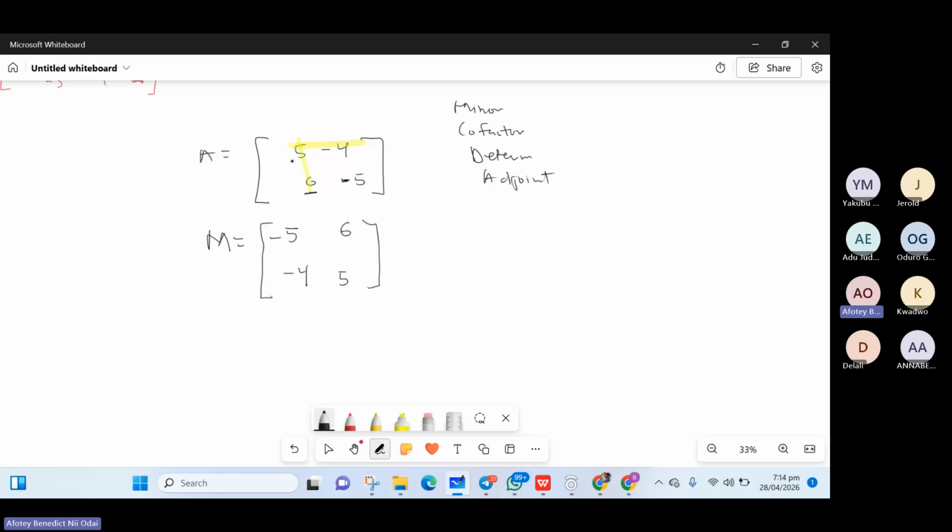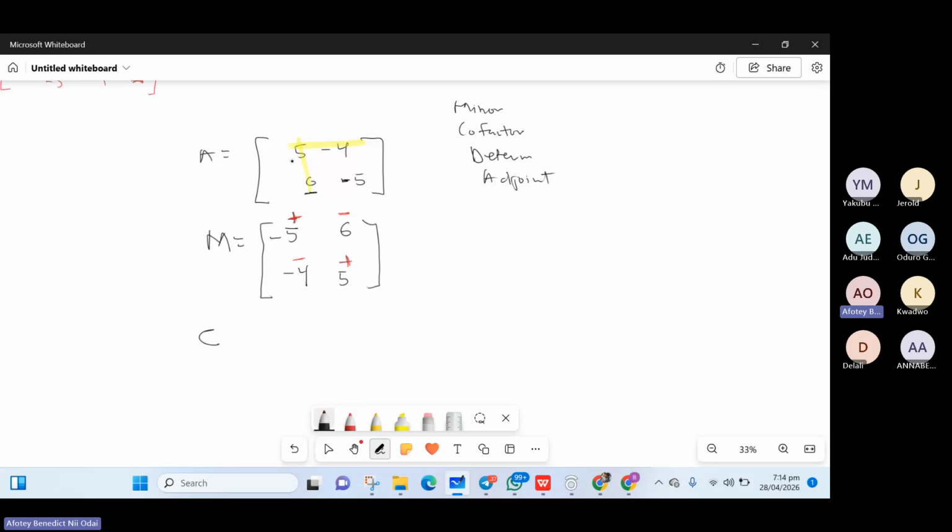Now, again, to find the cofactors, all we have to do is apply the signs plus, minus, minus, plus. It goes in that order, right?